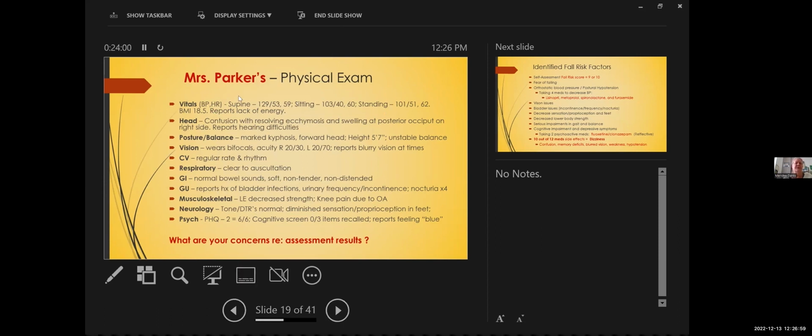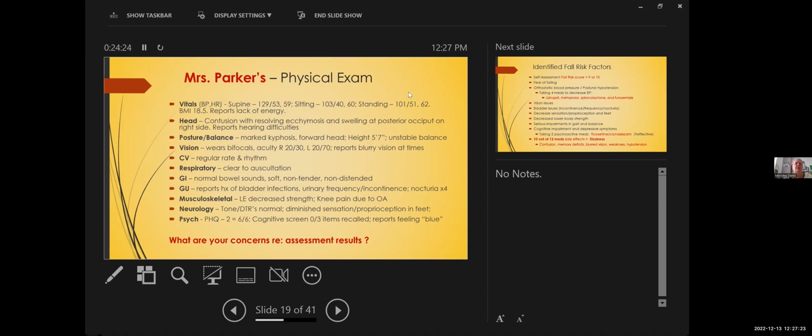So after Mrs. Parker has her physical exam, we look at her vitals. They take blood pressure supine, sitting and standing, because they're looking for orthostatic hypotension. And we notice her blood pressure significantly changes with the change in positioning. So the CDC would highly recommend checking for orthostatic hypotension.